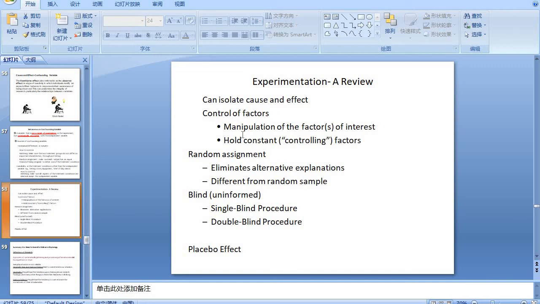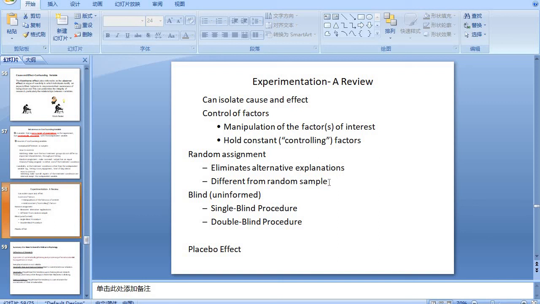You control for all the confounding variables. And you manipulate the independent variable. You do this by random assignment. By random assignment, you eliminate all the pre-existing alternative explanations, individual differences.